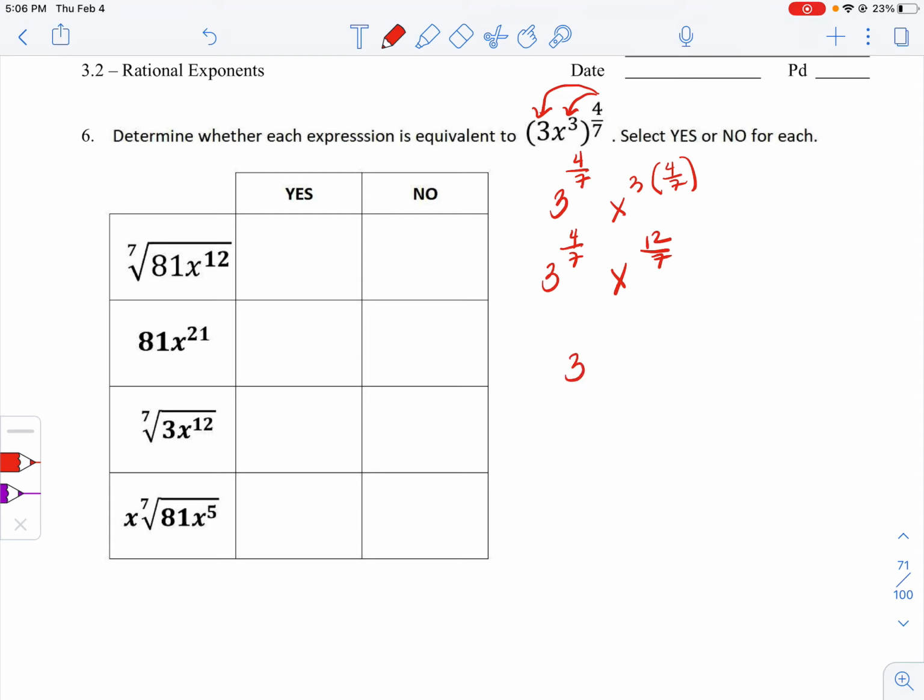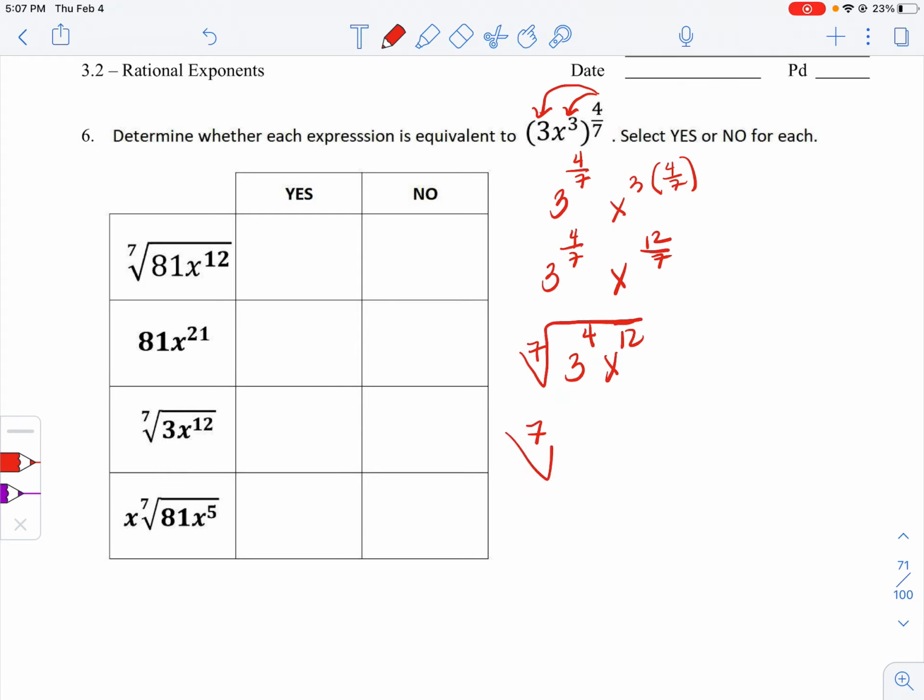So I will be doing 3 to the power of 4. And the root of that is going to be 7. And then I would also do x to the power of 12. And luckily, the root is also 7, so I can keep them together inside.